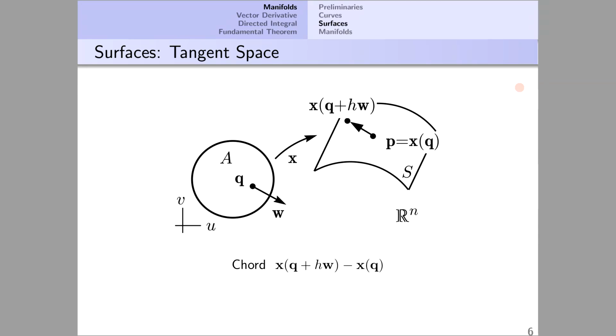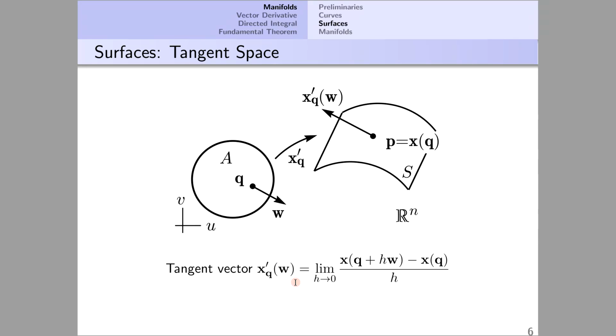The chord is nearly tangent to the surface if h is small, and if I divide this chord by h, the direction doesn't change, and if I take a limit, I get a vector which is tangent to the surface. And here it is. I can write this as the derivative at Q in the direction W.